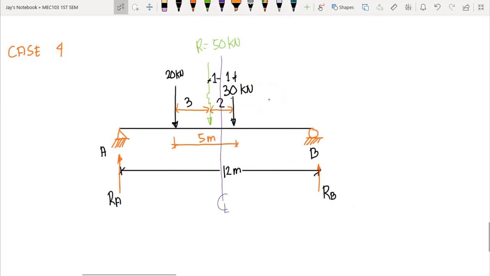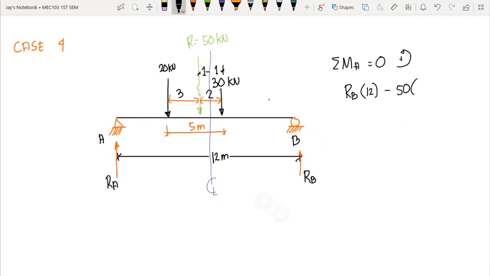Sum of moment at A equals 0, counterclockwise positive. So we have RB times 12 minus 50 times the distance of the resultant from A, which is 6 minus 1, or 5 meters, equals 0.